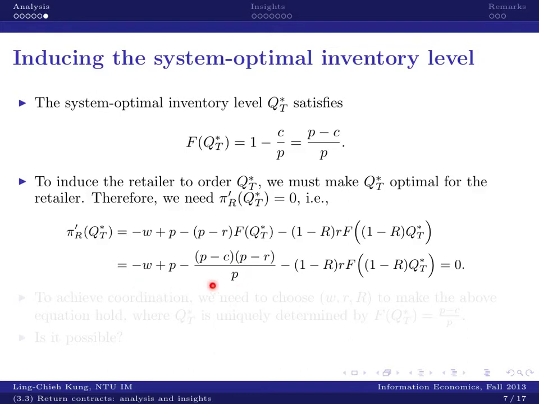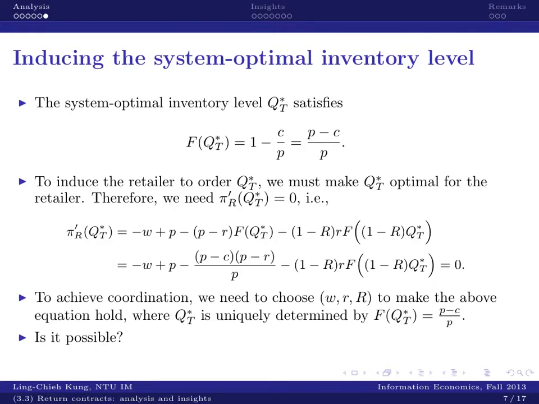That's how you get this second equality, and we know it must be 0. So to achieve coordination, we need to choose a contract. We need to decide 3 values, W, R, and capital R, to make this equation true.